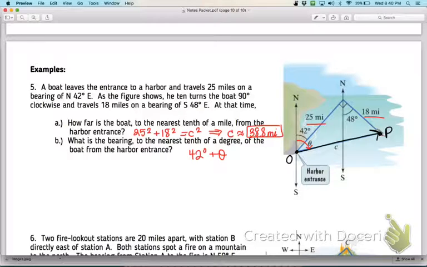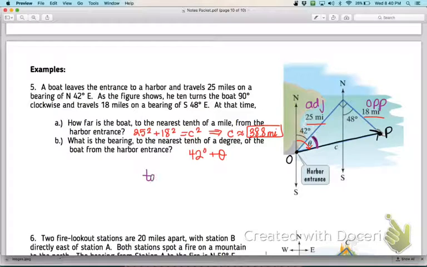And so we can go ahead and use an inverse function. Again, the 25 and the 18 are the ones that we were given. So referencing from theta, the 18 is going to be our opposite side, and the 25 is going to be our adjacent side. Since C is the hypotenuse, we know that it can't be the adjacent. Opposite and adjacent is going to be tangent.